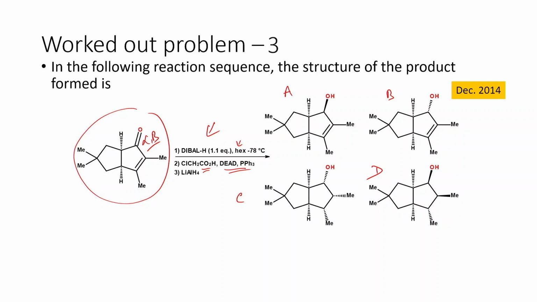Now if you look at all the 4 products, what is happening? The starting alpha beta unsaturated system is getting converted to an alcohol. That's it. In A and B, the double bond is retained. In C and D, the double bond is reduced. So now we have to simply look at what DIBAL-H can do and what lithium aluminum hydride can do, because lithium aluminum hydride reduces the ester.